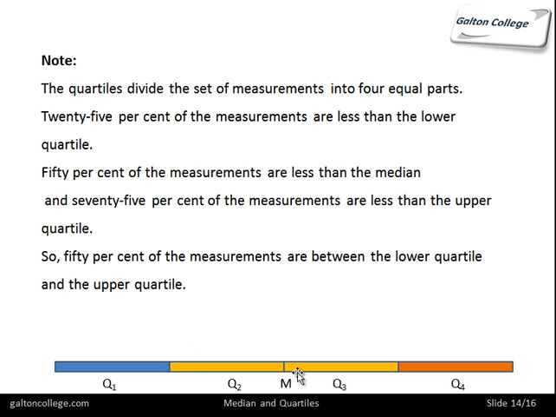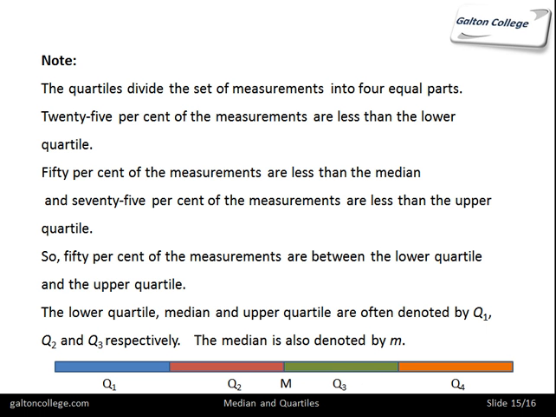This 50% in here is between the lower and upper quartile. This is the interquartile range. The lower quartile, median, and upper quartile are denoted by Q1, Q2, and Q3 respectively. The median is also denoted by M, sometimes in statistics.